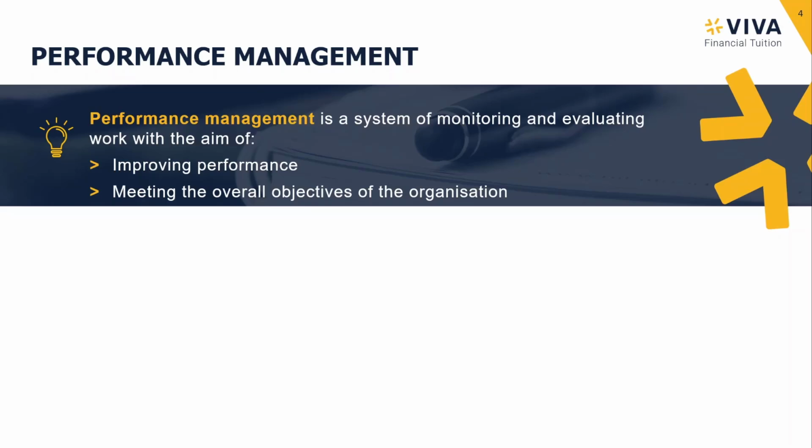So measure, what are you going to look at? Compare, what's the standard that you're aiming for? And then action. Okay, so if you're not hitting your standard, what can you do about it? So an easy, silly way of remembering this for me is if I was in a hotel and I was jumping in the shower for the first time, then I want to performance manage the temperature in the shower.